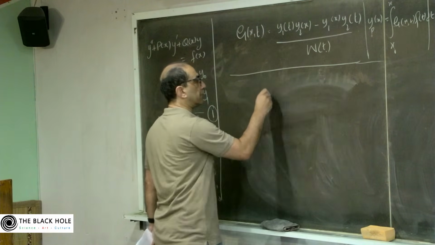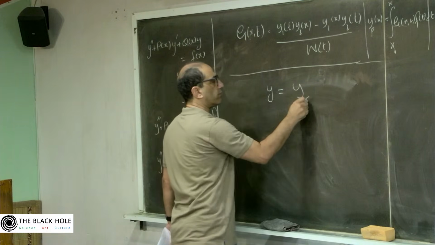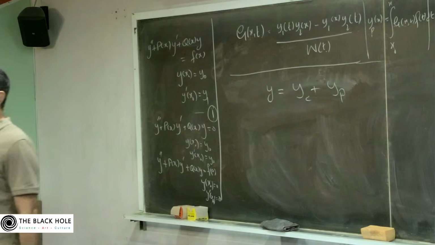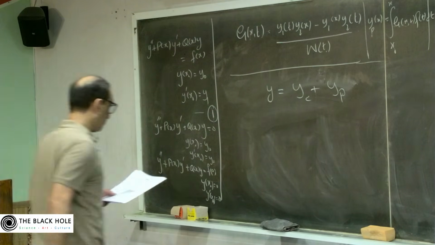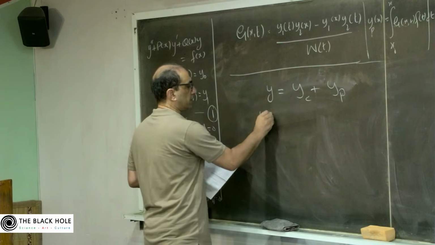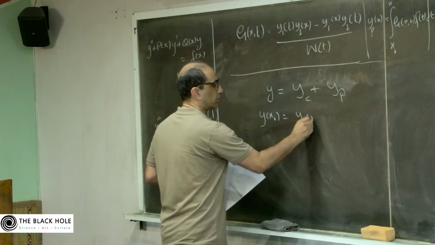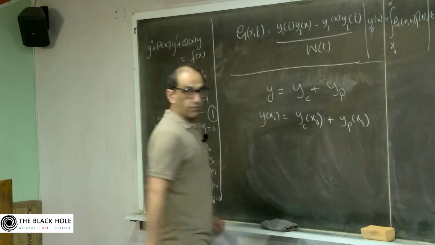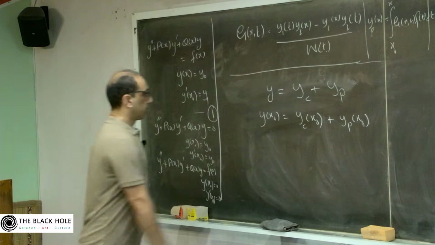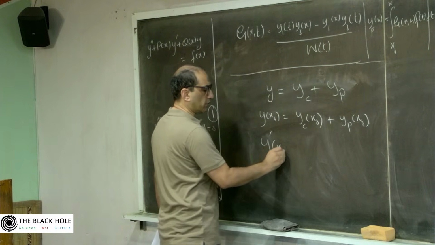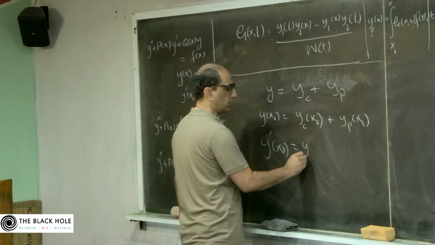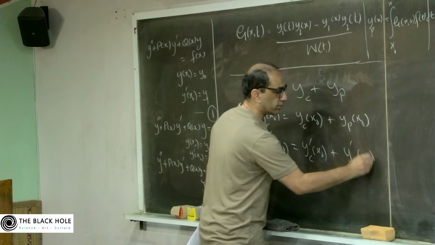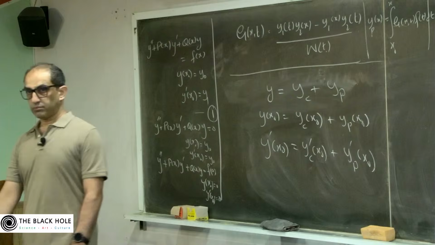Once you say that your solution is y is equal to yc plus yp, then you will write y of x naught is equal to yc of x naught plus yp of x naught, and y dash of x naught will be equal to y dash c of x naught plus y dash p of x naught. Okay?